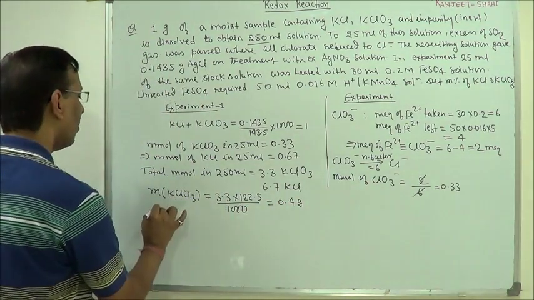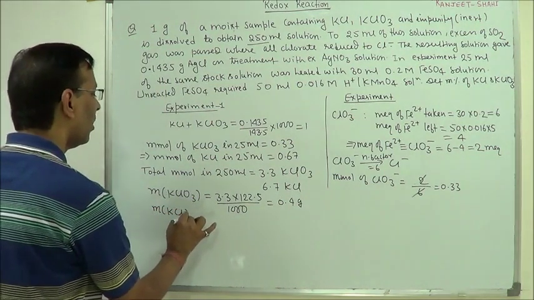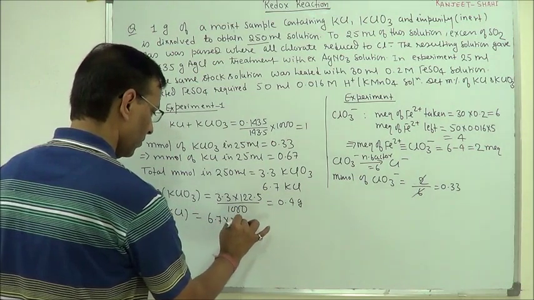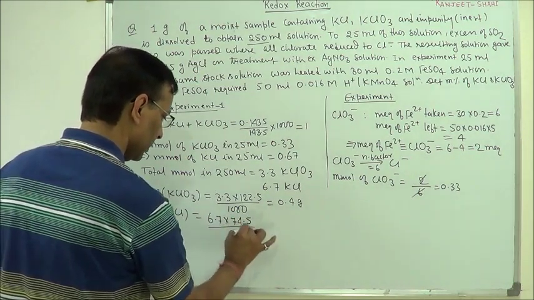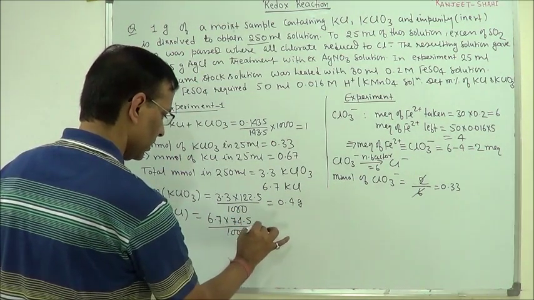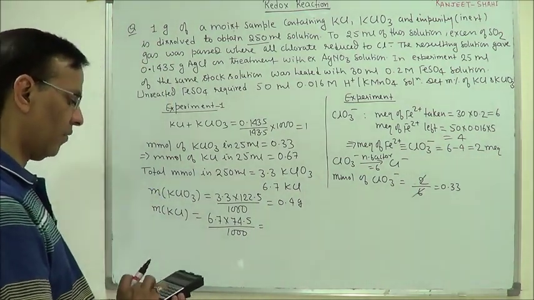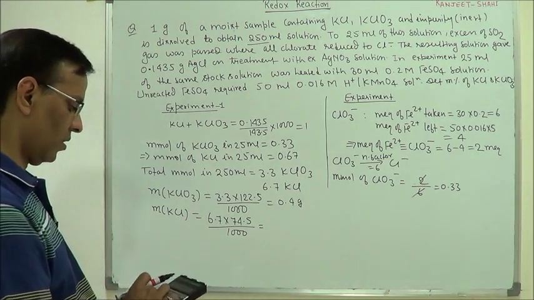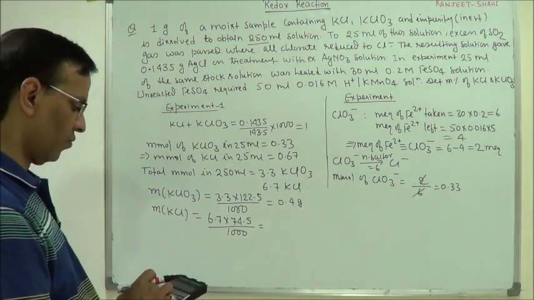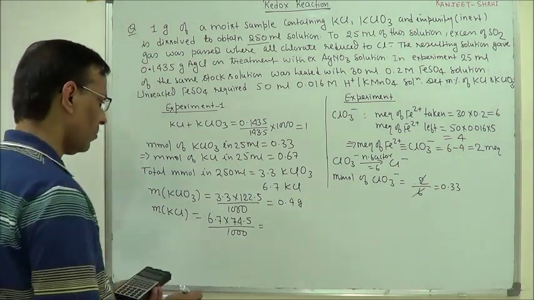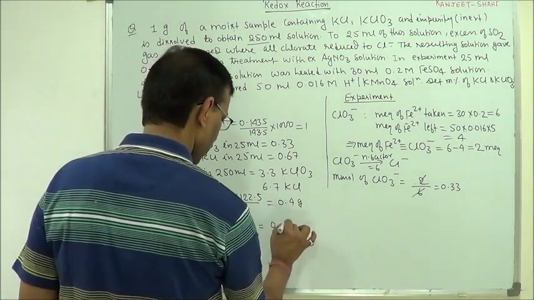Similarly, mass of KCl will be 6.7 into 74.5, molar mass of KCl, divided by 1000. This is 0.5 gram around.